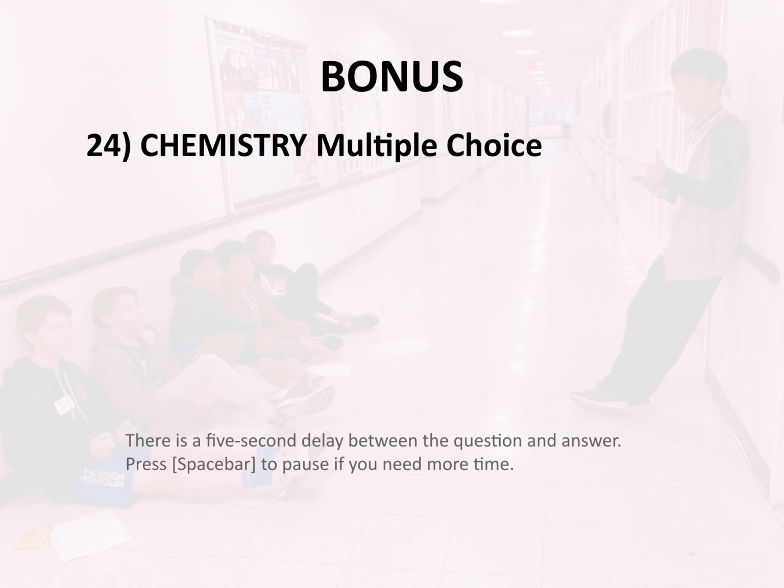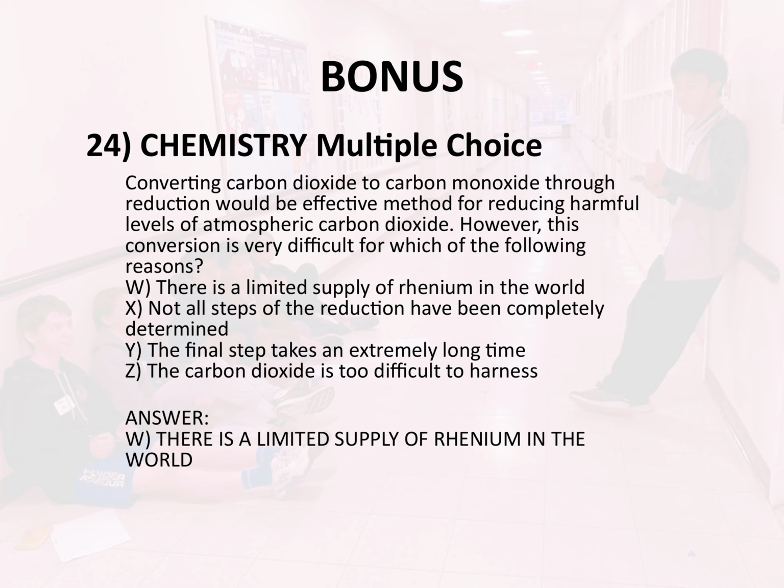X. Not all steps of the reduction have been completely determined. Y. The final step takes an extremely long time. Z. The carbon dioxide is too difficult to harness. Answer. W. There is a limited supply of rhenium in the world.